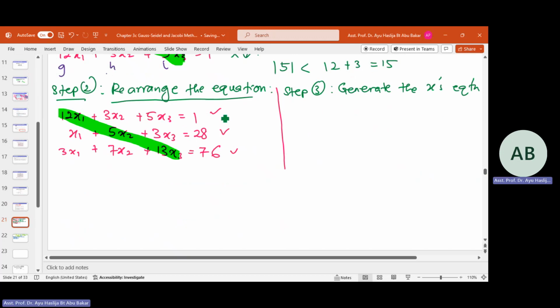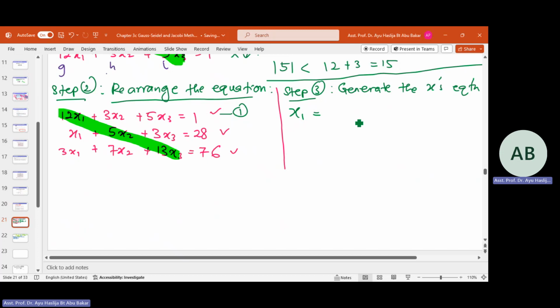Okay, from equation 1, the one that you have rearranged must be addressed to x1.